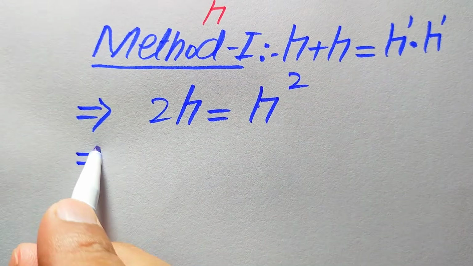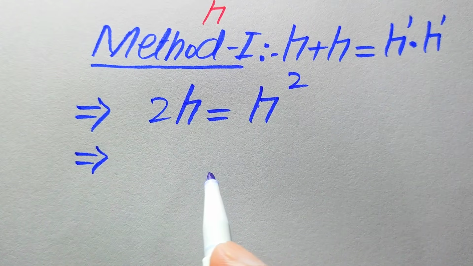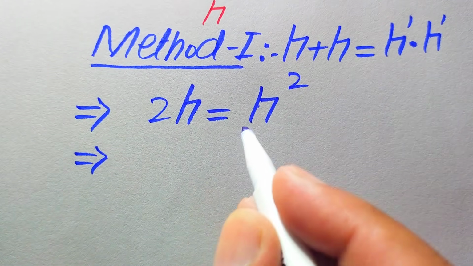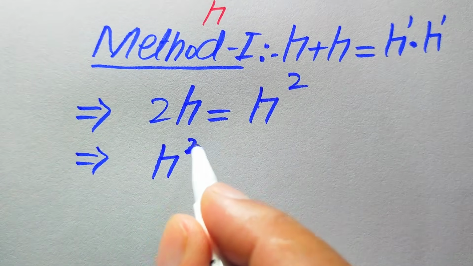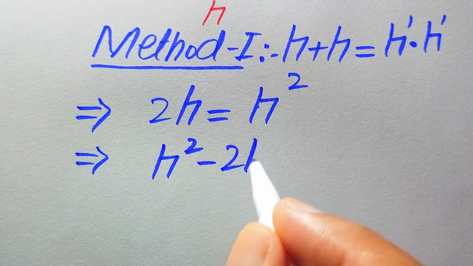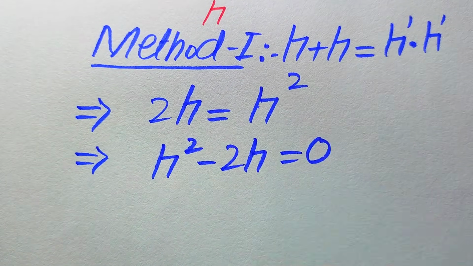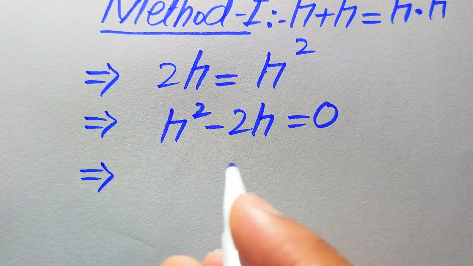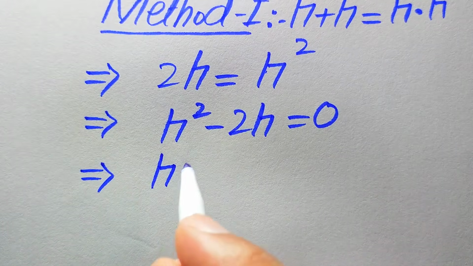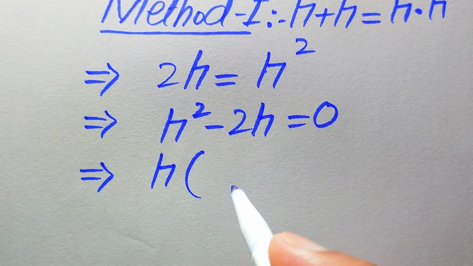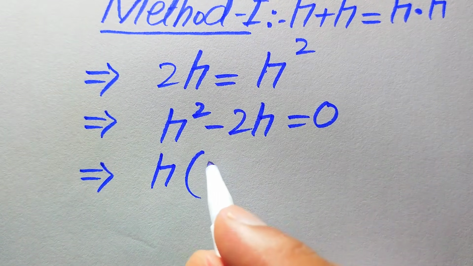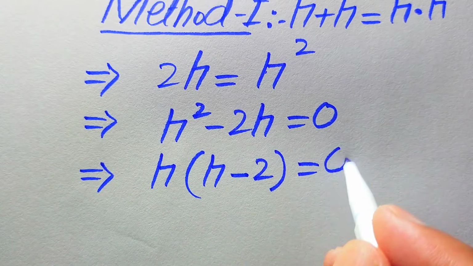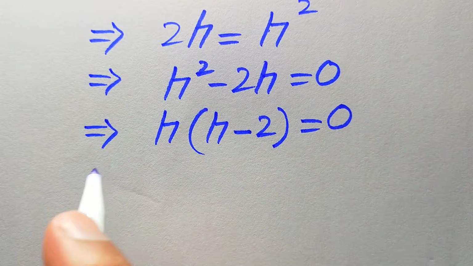Because our target is to get the values of h, we move the term from the left hand side to the right hand side. So we get h squared minus 2h is equals to 0. Both of these terms involve h, so we take h common and get h times h minus 2 is equals to 0.